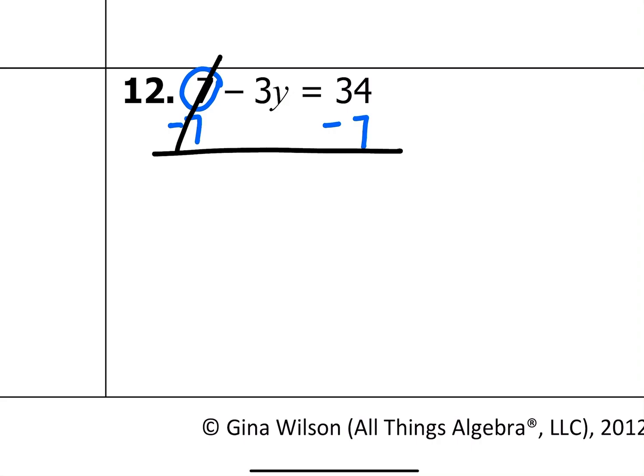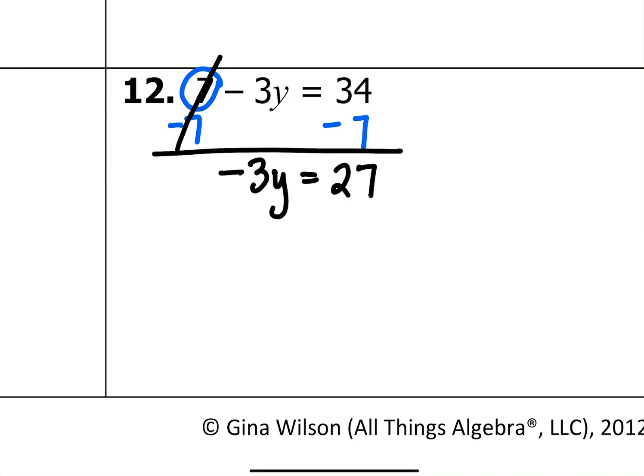Those cancel, and I'm left with negative 3y. Remember, a subtraction sign is just a negative, equals... I don't know why I just can't do math. 34 minus 7. The mental math portion of my brain just stopped working. 27.